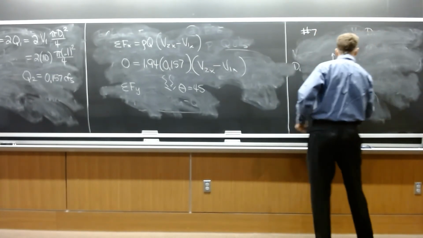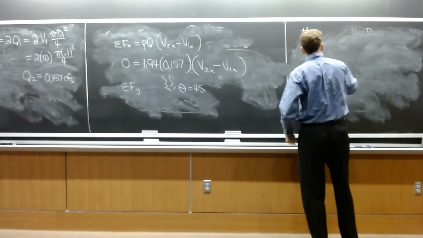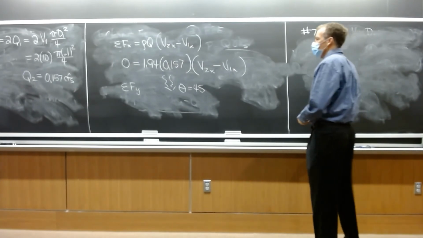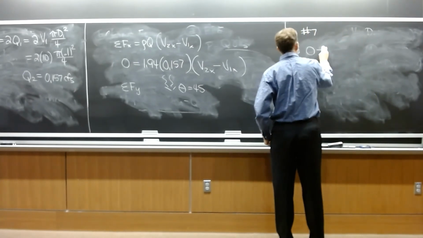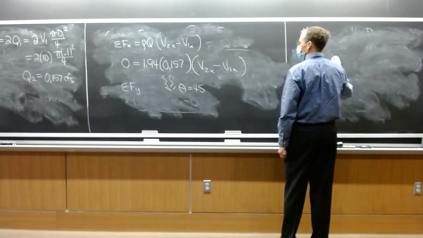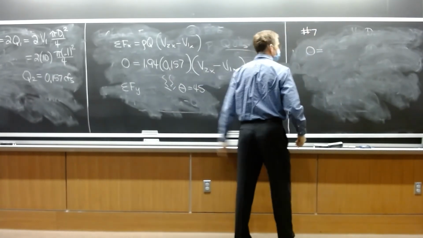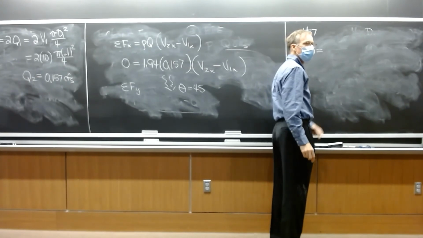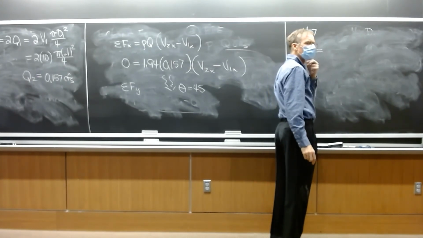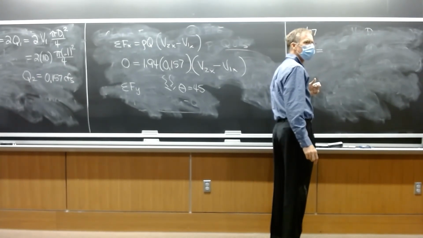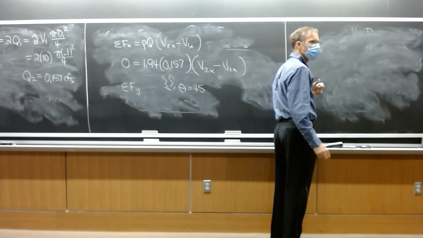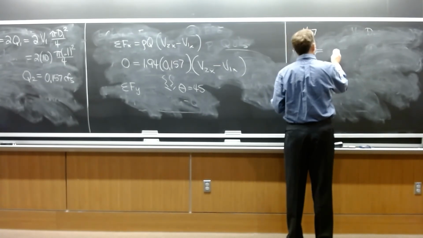So let's just look at the x component. So we have 0 equals, you want to give me this product here? .3045.